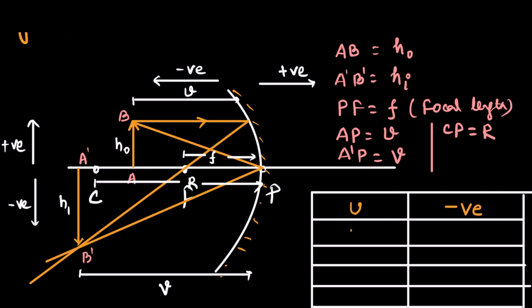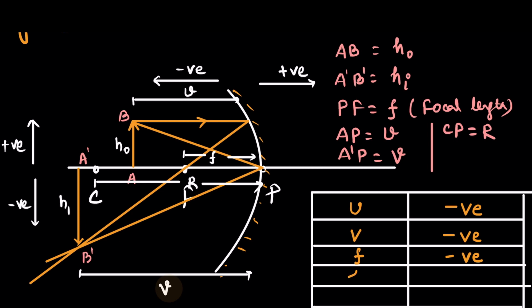Second, V. V is present on the left side. So definitely it is also considered as negative. Then F, which is the focal length. F is also present on the left side, so it is considered as negative.